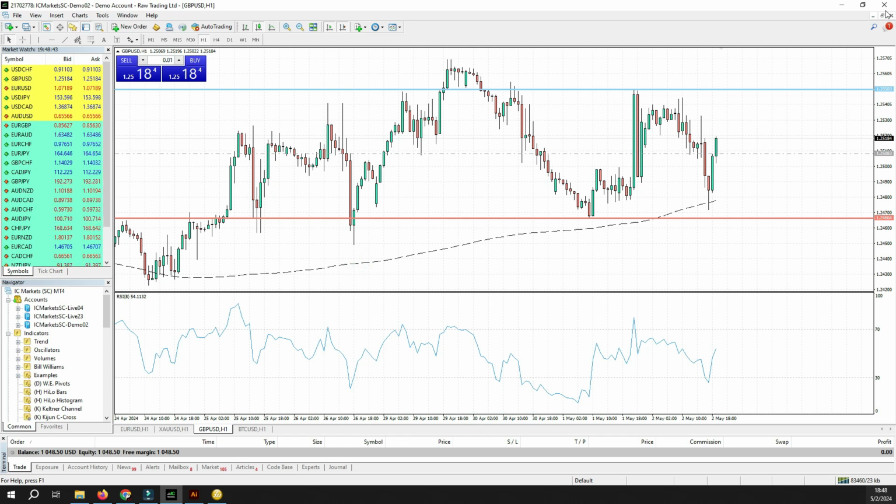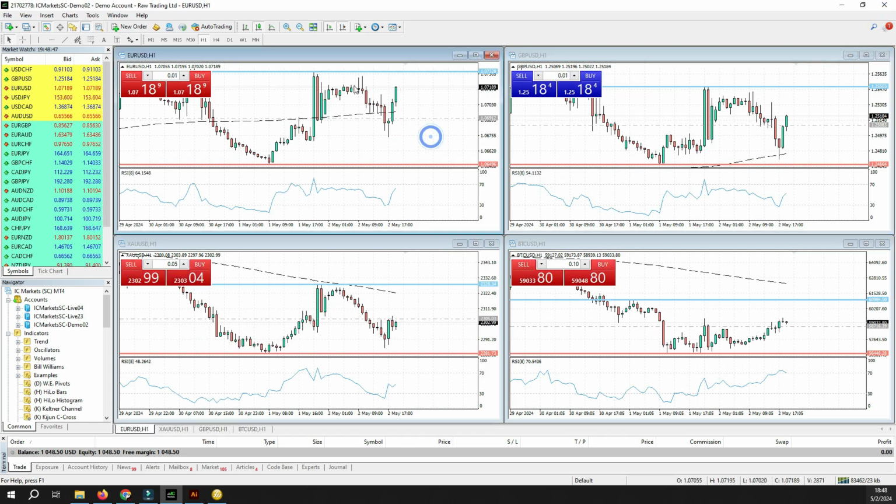So why am I using other components? To help me avoid a lot of fake signals. I like to mix them. I'm familiar with each of them, and I know how to use them. Once I mix them, I get good results.